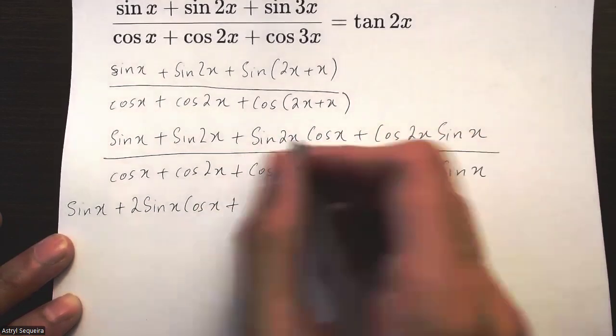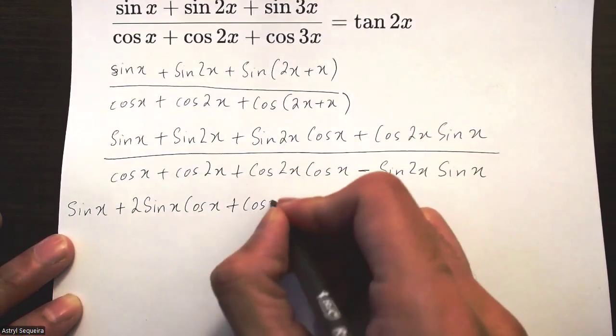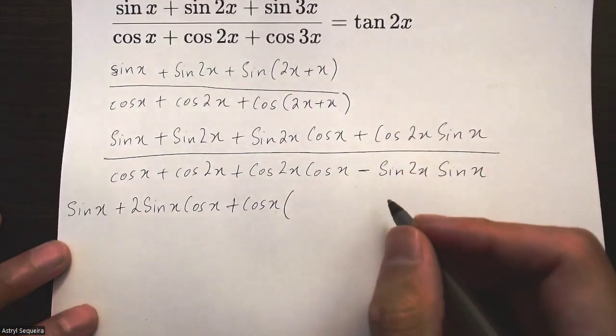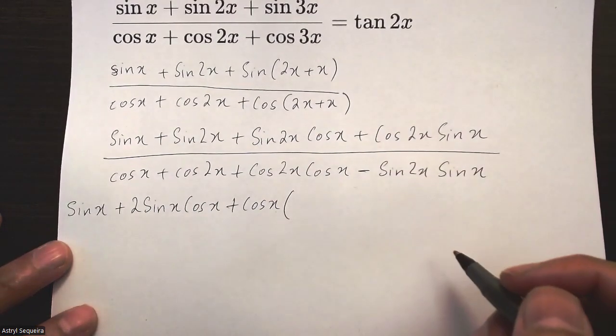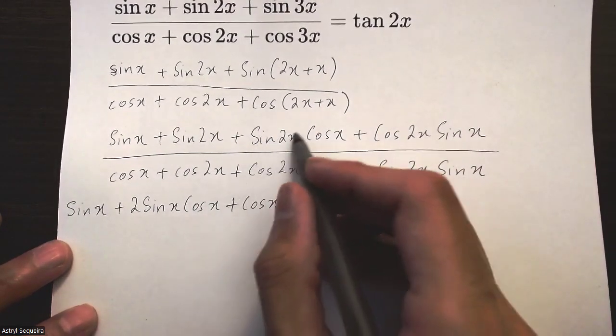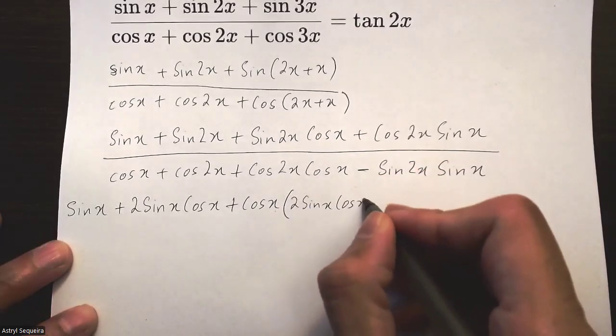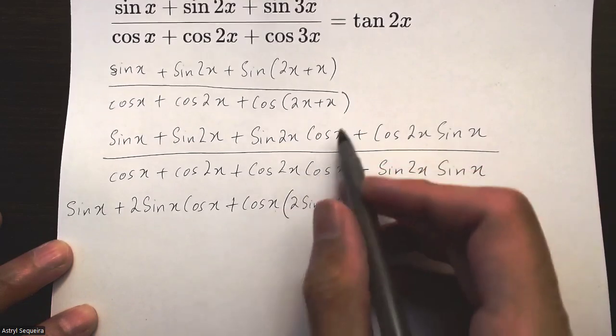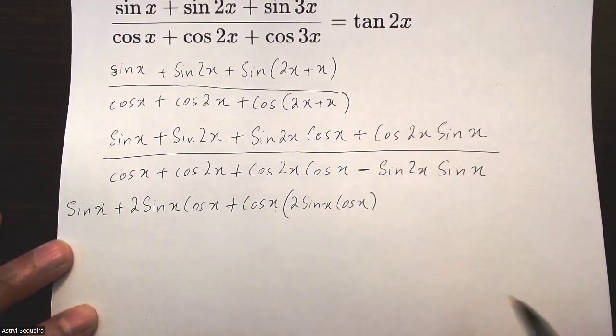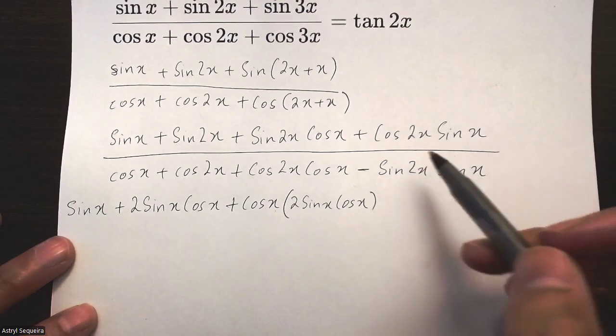I'll do the same for this one here, but I'll write the cos x first, just so that it's a bit more neat and it looks easier to distribute. But there's no difference. I'm just converting that to sine x cos x, and I'm writing it after the cos x. Since they're multiplying, I'm allowed to do that.